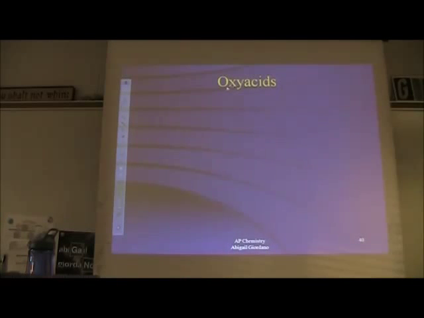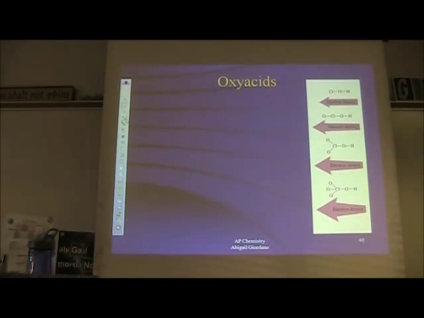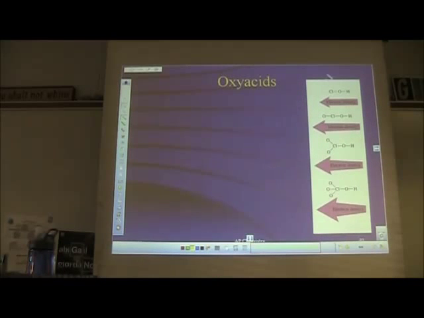What does this word mean? Don't overthink it. An acid with oxygen. Okay, great. There's an example here, and I'm going to write their formulas out so that you can see this.